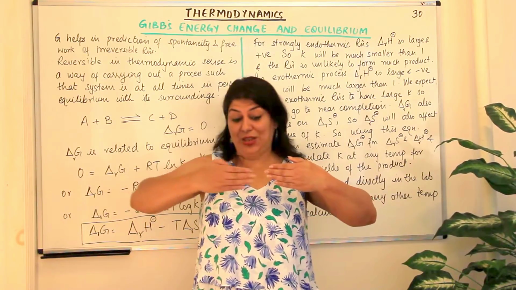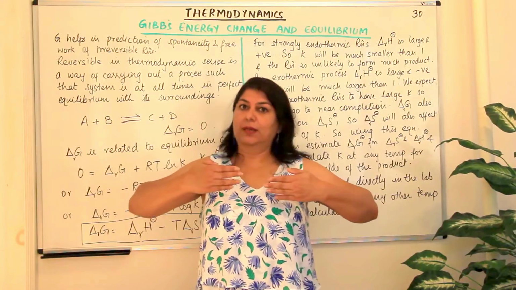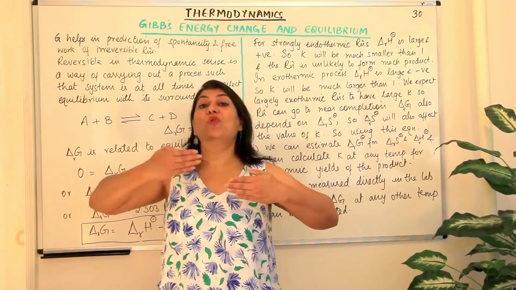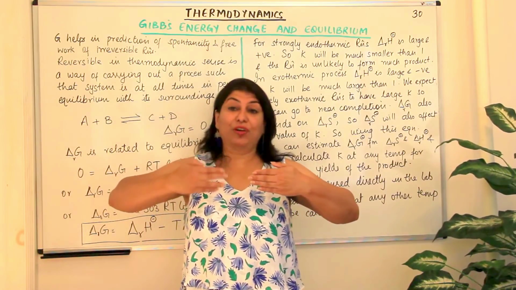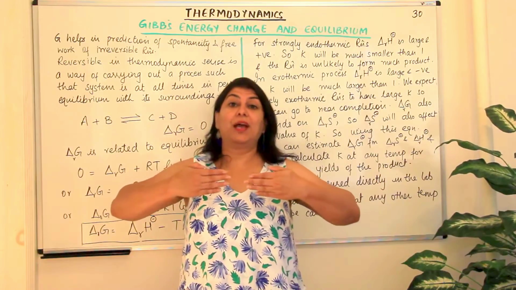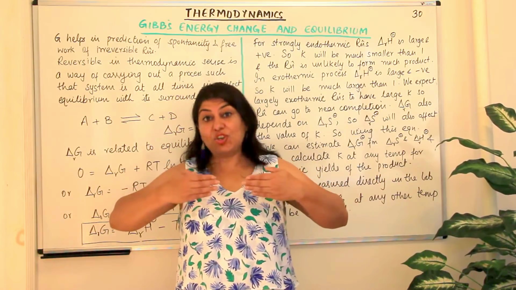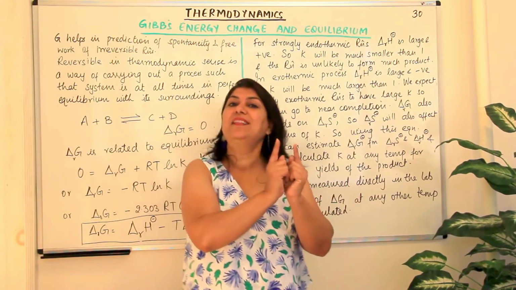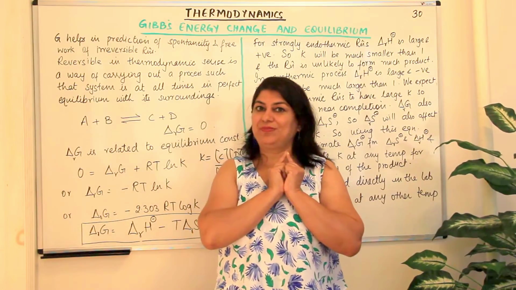If the reaction in the forward direction was endothermic, then the concentration of the reactants would be more. Why? Because an endothermic reaction is not favoring the reaction in the forward direction. But if the reaction is exothermic in the forward direction, then the concentration of products will be more and then the equilibrium will be established.